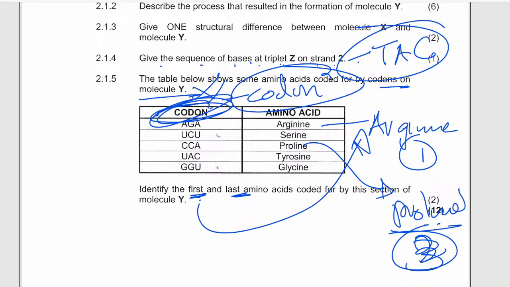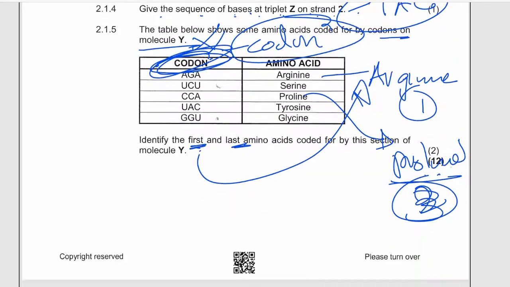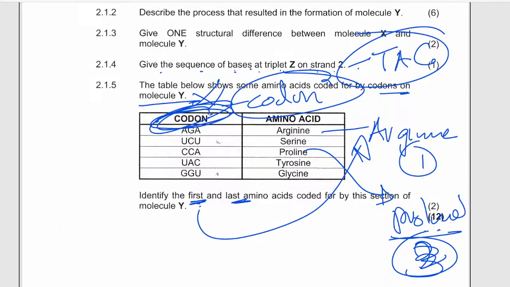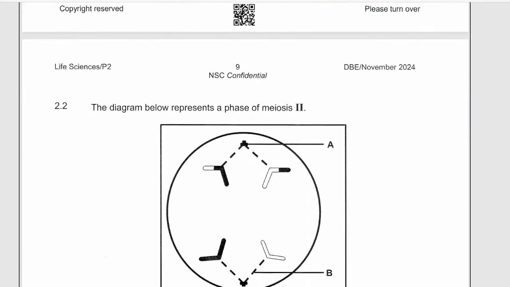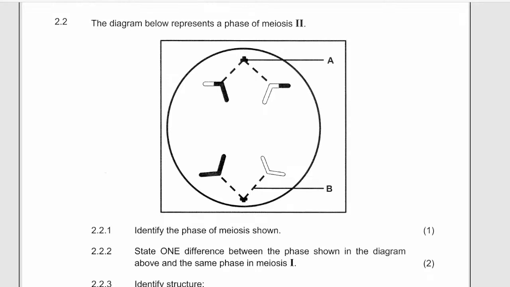Arginine and proline. Yes. That's why I'm saying that something which looks to be simple in most cases tends to be difficult because you don't give it time because you see it easy. All right, we continue.